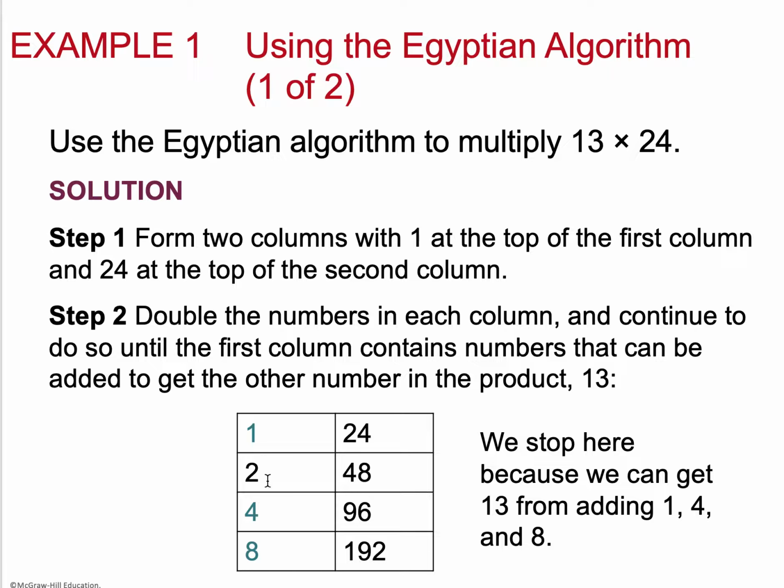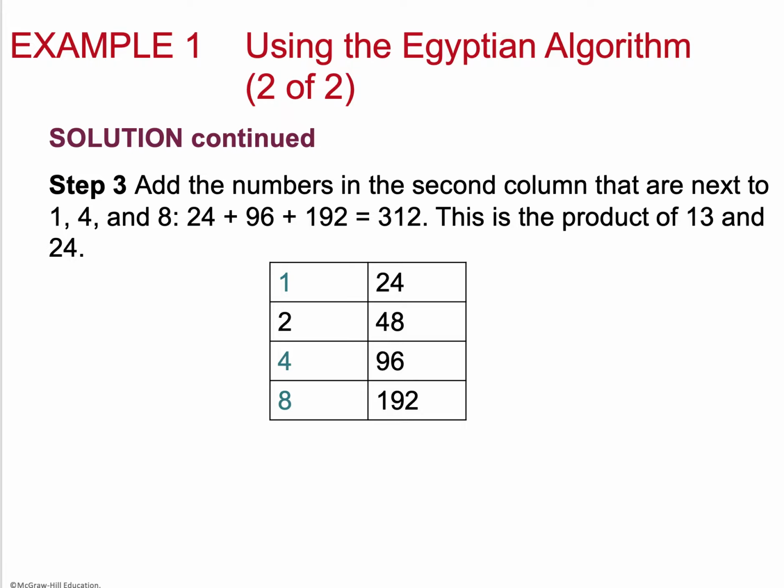So 1 doubled is 2, 24 doubled is 48, 2 doubled is 4, 48 doubled is 96, 4 doubled is 8, 96 is doubled to 192. And we're going to stop there because I can get 13 from adding 1, 4, and 8. So because 1, 4, and 8 add to be 13, the way I can solve this multiplication problem is by adding the corresponding values in column B.